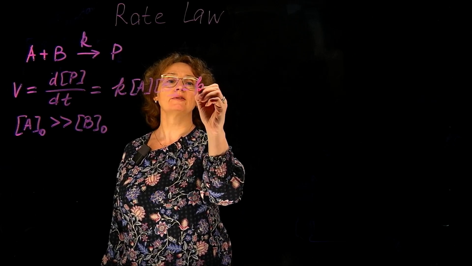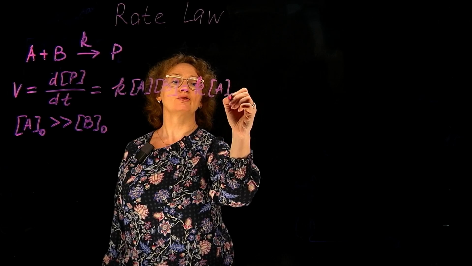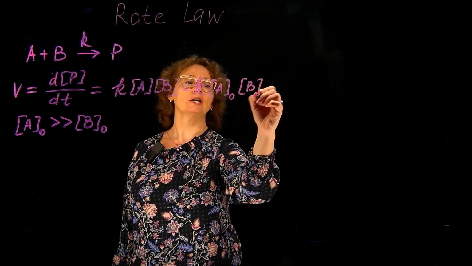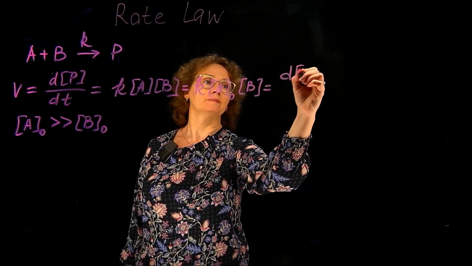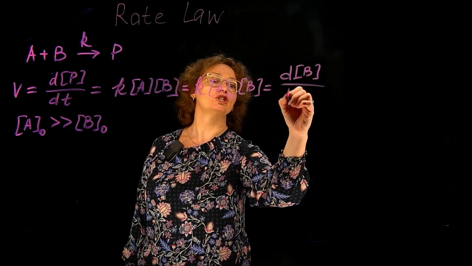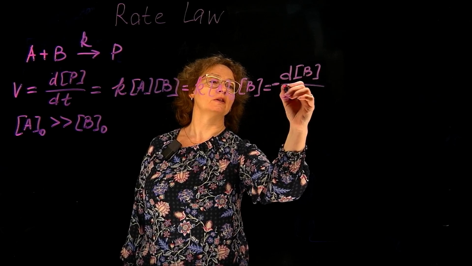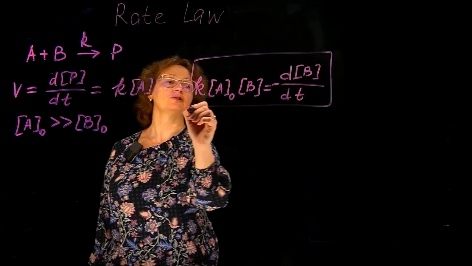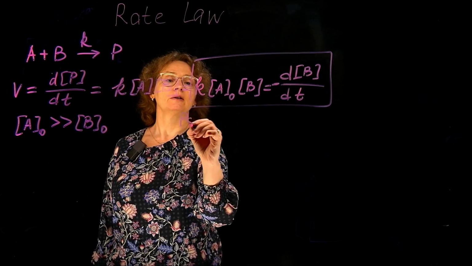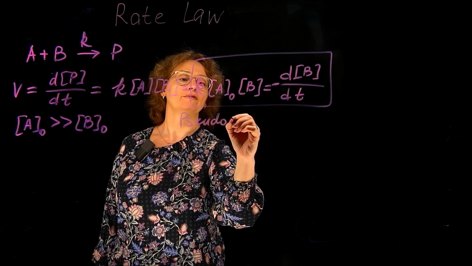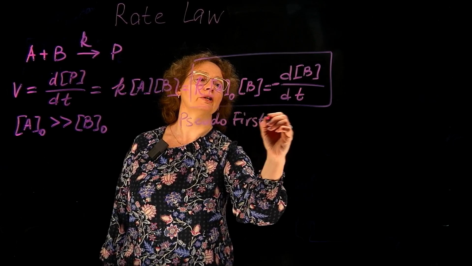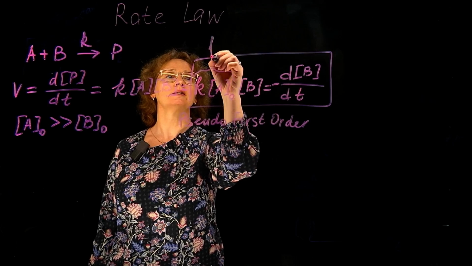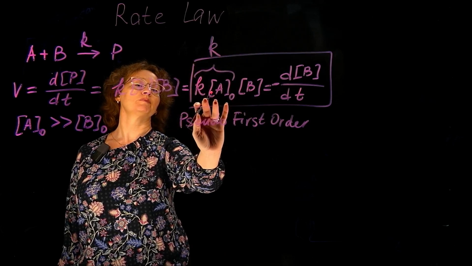So we can say that the concentration of the reactant A doesn't change over time, and we can just focus on the change in the reactant B, correct? So we can treat this reaction as a pseudo first order reaction because this part is constant.